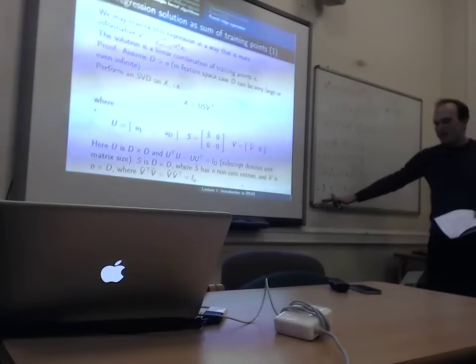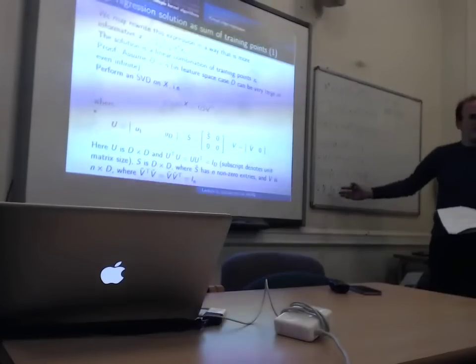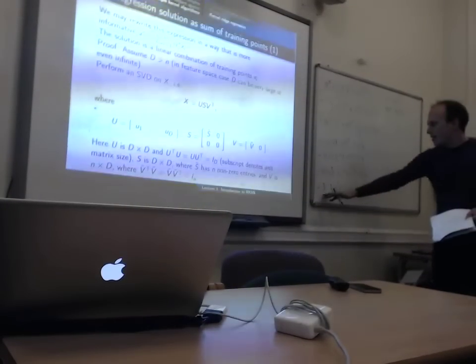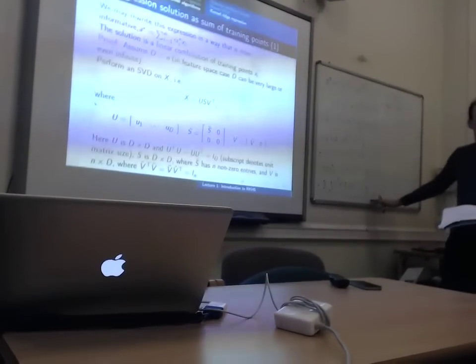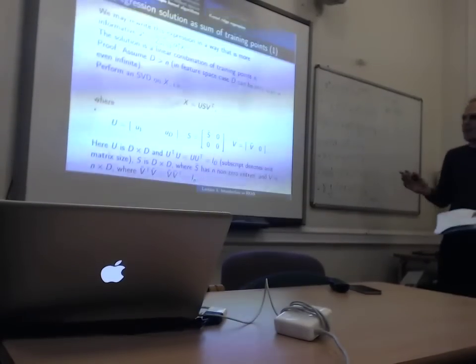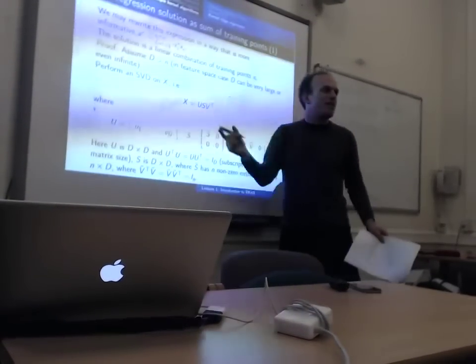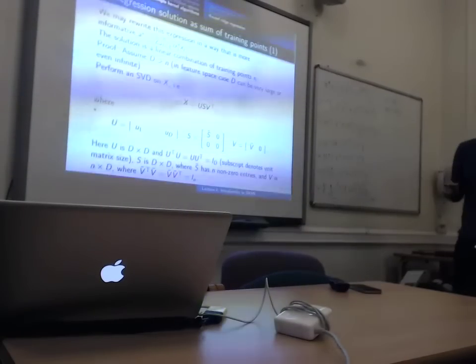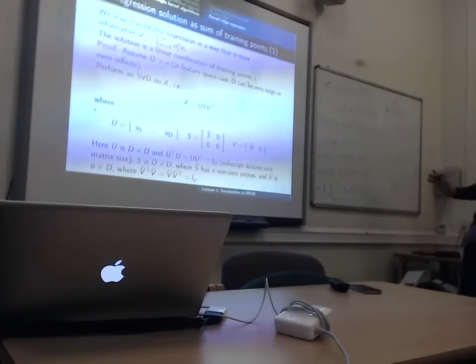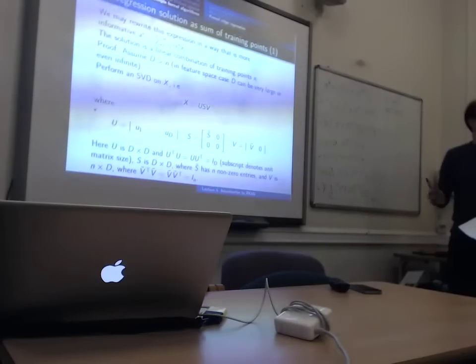And so I've got this matrix here, where each column of this matrix is a training point. And then I've multiplied this by an n by 1 vector, which is just a linear combination of the columns of the matrix. So this has given me, in fact, the form that I want here. Okay, a series of tricks. So again, what I've done here is just take the SVD and then do some basic linear algebra.